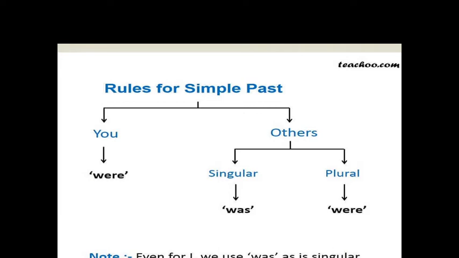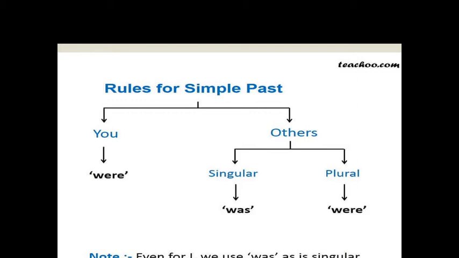When you are using was and were in simple past, was is used with singular noun or pronoun, and were is used with plural noun or pronoun.